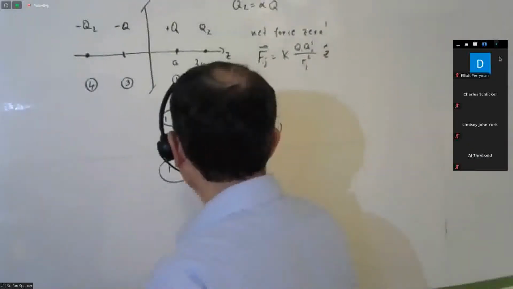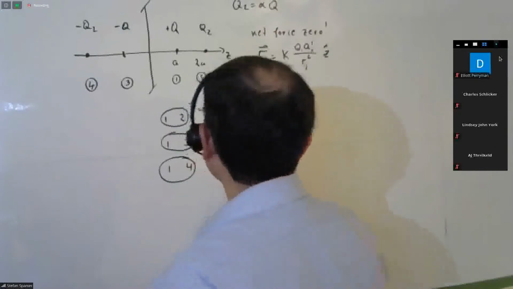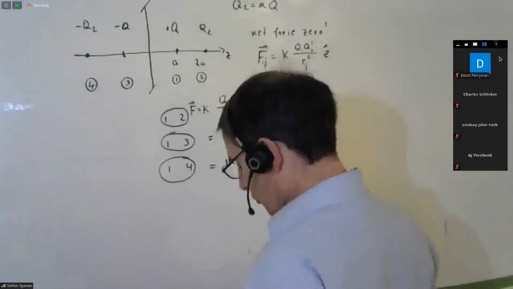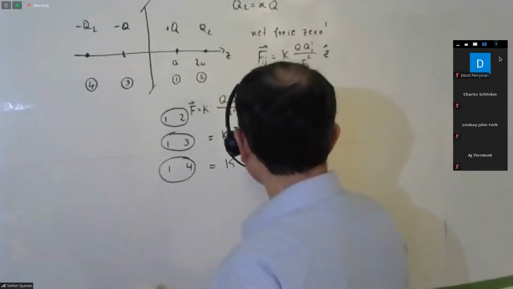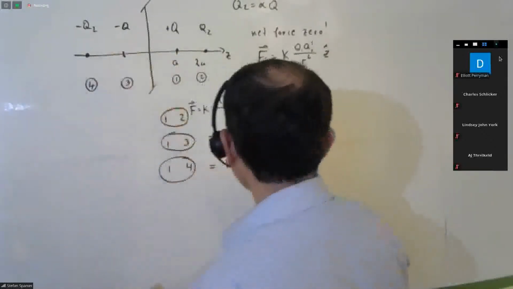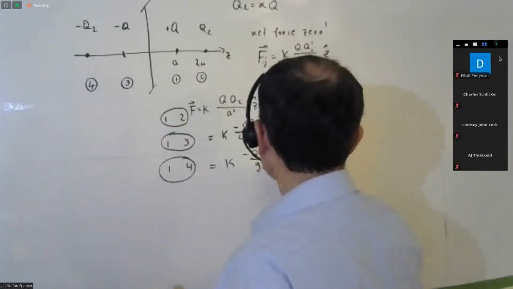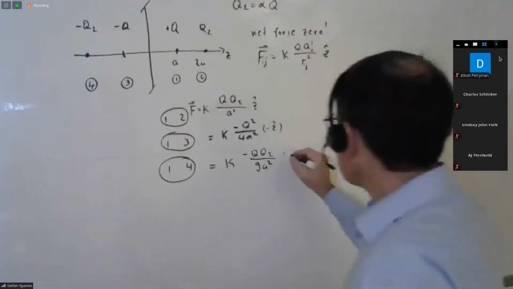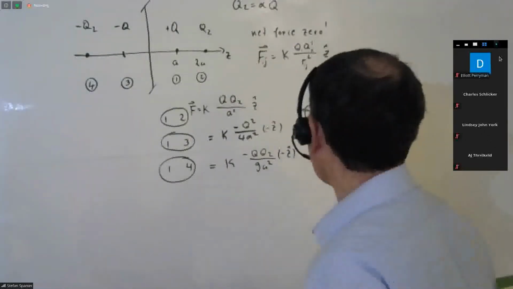And then 1,4, accordingly, K, Q times minus Q2, so it gets minus Q Q2. The distance is 1, 2, 3A, which makes it 9A squared. And the direction, minus Z.